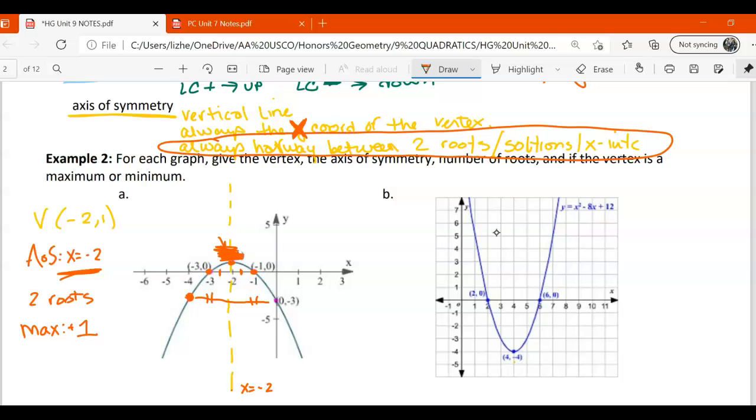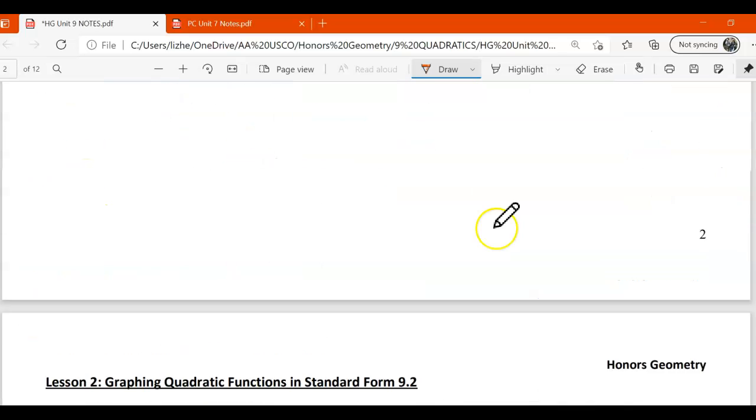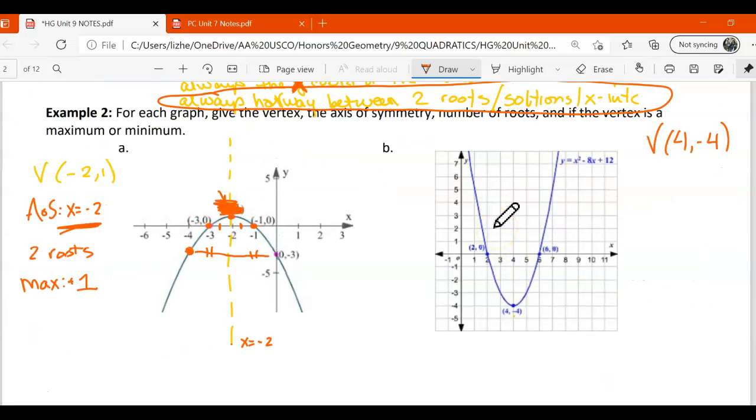Okay, last one. For each graph, give the vertex. So the vertex here is the turning point for -4. Oh, let's see. The axis of symmetry, remember, goes through the vertex. It's a vertical line through the vertex. So I know this is my axis of symmetry coming down through my vertex. So my axis of symmetry is the equation.